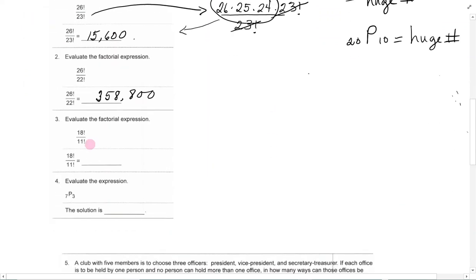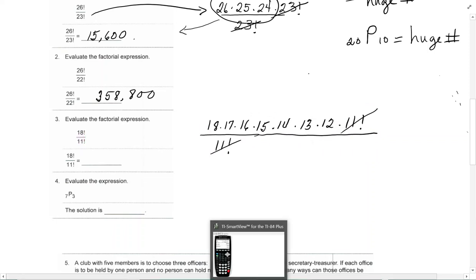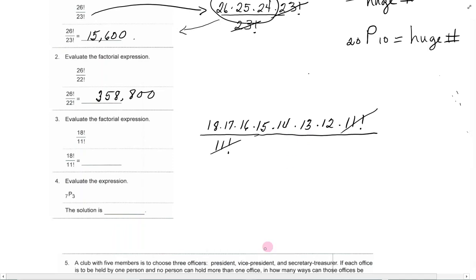Let's suppose we are doing this one. Now, if I needed to, I could say that is 11 factorial, and the top is 18 times 17 times 16 times 15 times 14, wow, times 13 times 12 times 11. Stop, factorial. I wouldn't do this, but I want you to know that we can divide those out, and if you multiply this, you better get the same thing I'd get if I did it with the factorial notation. So this is not an option you'll probably have to do.